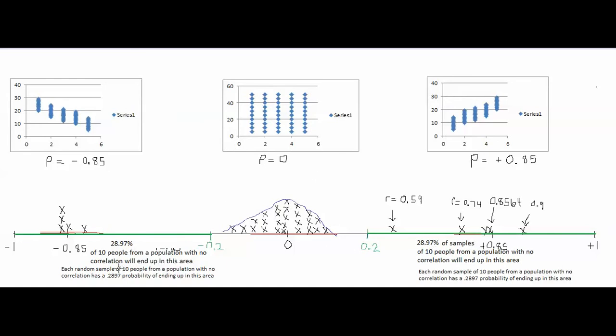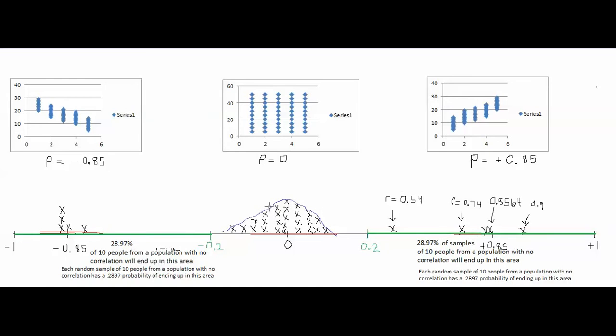Because if this is the probability of the sample ending up in this area, and this is the probability of the sample ending up in this area, then by adding the two probabilities, what you get is the probability of this happening or this happening, meaning the probability of the sample ending up out here or out here.